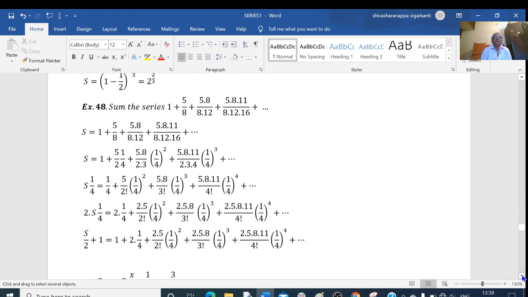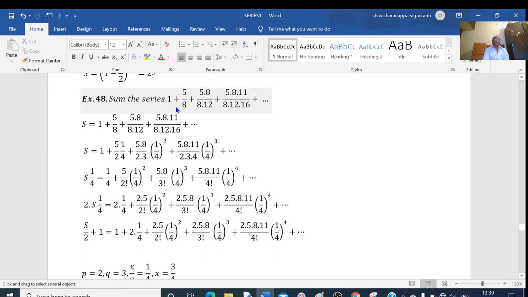Sum the series 1 plus 5 by 8 plus 5 into 8 by 8 into 12 plus 5 into 8 into 11 by 8 into 12 into 16 plus and so on. Here also, if you observe these terms, what is the greatest common divisor of these three terms? It is equal to 4. So this can be written as 4 into 2, 4 into 3, 4 into 4.